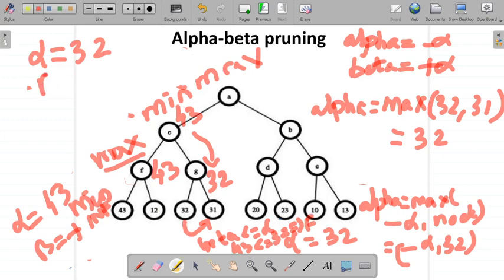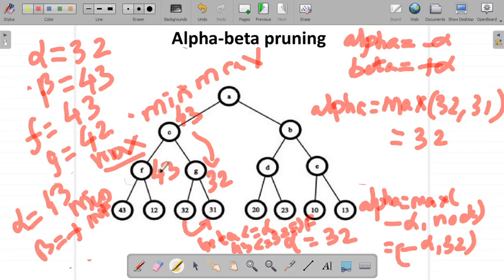Okay, so currently what is the value for alpha? 32, beta is 43. So the node value of F is 43, the node value of G is 42. So the next level is the node C, which is the minimizer. So we should find the minimum between these two, 43 and 32.